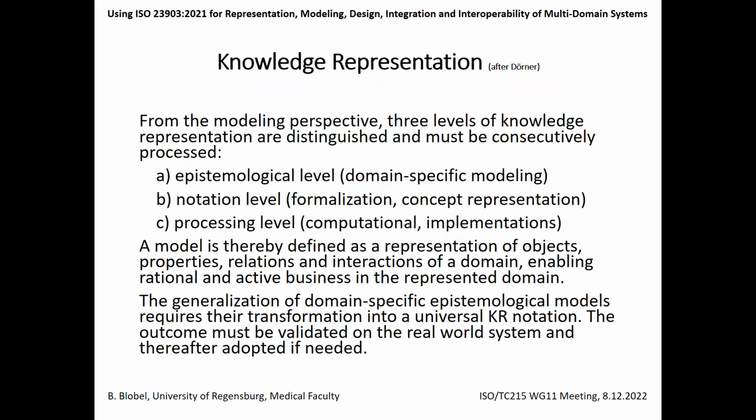Okay, and if I have to tackle knowledge representation, now we see the challenge. First, I have to understand the reality, and this is the epistemological level, performed by domain experts, the biologist, the clinician, the nurse, all the others, based on their understanding of the different domains they are representing. They describe this in the way of a textbook or whatever, what happens there, how it is built, how it is interrelated, etc. And again, every different domain uses its own language and methodologies.